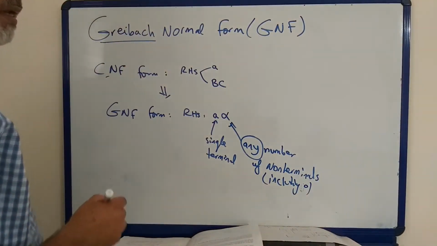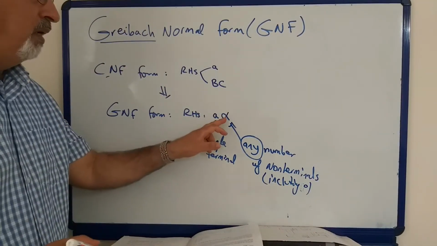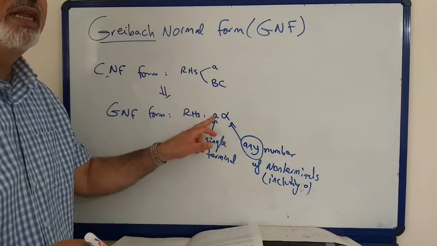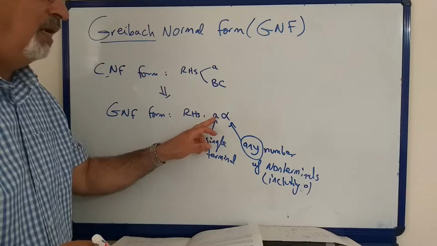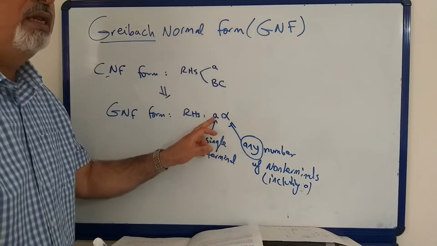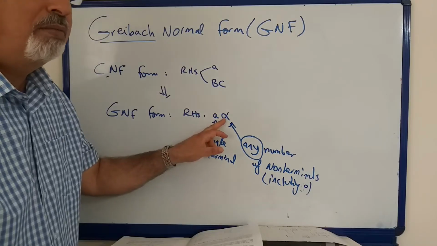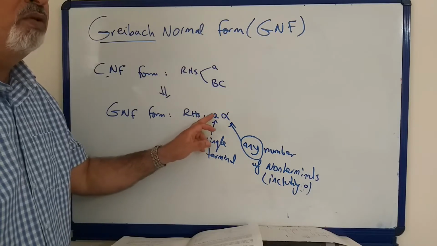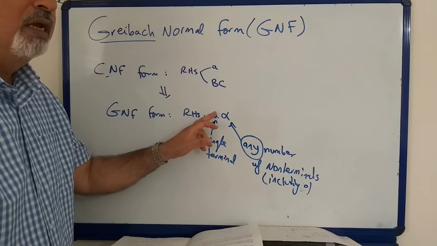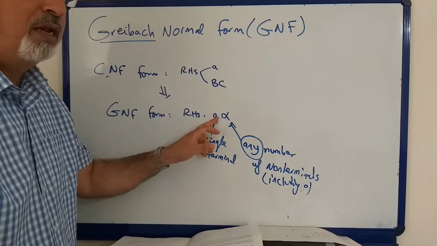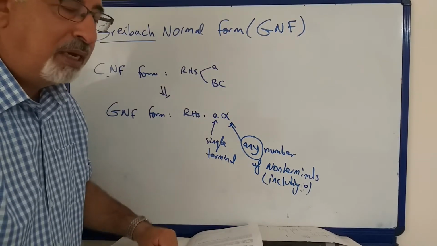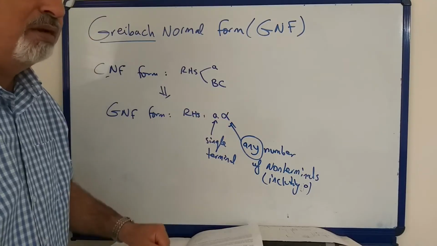It can be zero non-terminals, which means only a single terminal, or a single terminal followed by one non-terminal, two non-terminals, three, four, five, six non-terminals, 100 non-terminals, any number of non-terminals.